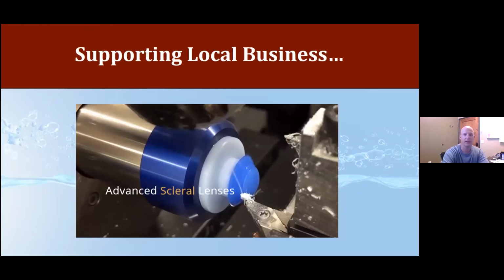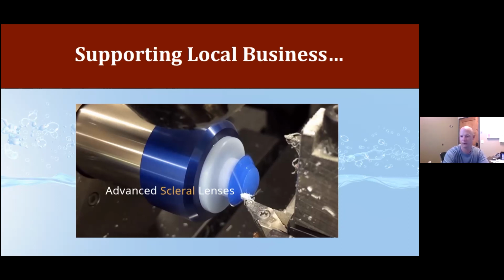So this is an image of how these lenses are cut. They come from what we call a button of plastic, which is a special type of plastic that's used to make contact lenses. It's very breathable. They put the lens on a lathe and a computer controls how this lens is cut. This is actually an image from a laboratory in Lakewood.